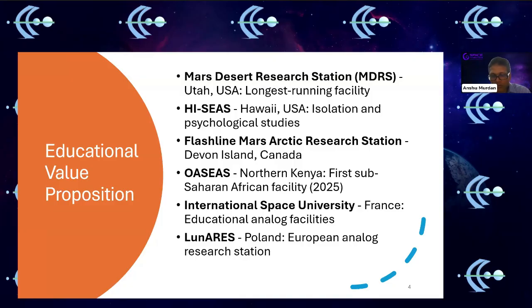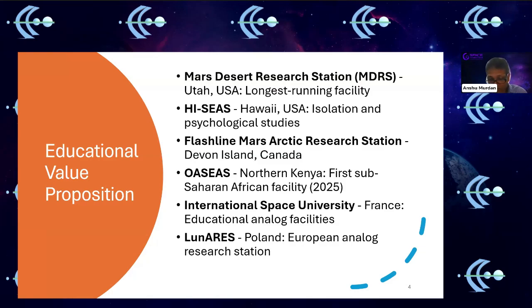This is the world's longest running Mars analog station and is mostly used for engineering, geology, and human factors. The one in Hawaii focuses on isolation, confinement, and psychological research. You have Flashline Mars in Canada. Canada is very cold, so it operates in a polar desert.